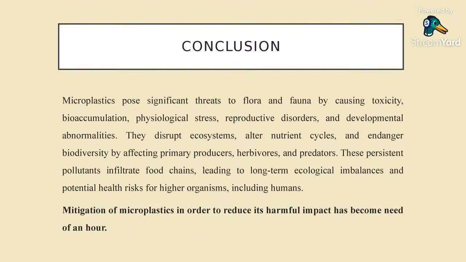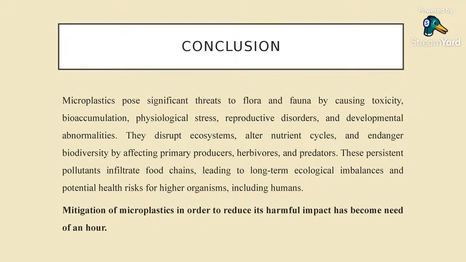Next is the conclusion: microplastics are posing significant threats to flora as well as fauna by causing toxicity, bioaccumulation, physiological stress, reproductive disorders like we have heard about PCOD or others, and developmental abnormalities. They disrupt ecosystems, alter nutrient cycles, and endanger biodiversity by affecting the primary producers, which are plants.